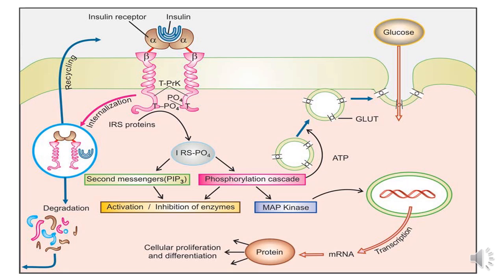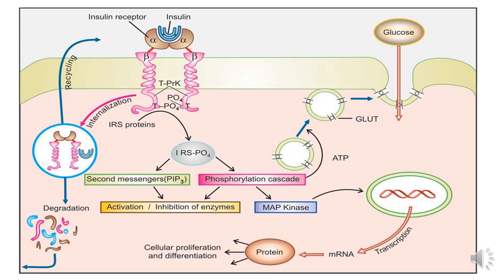Binding of insulin molecules to the insulin receptor gives rise to aggregation and internalization of the receptor. This causes activation of the tyrosine kinase, and activation of tyrosine kinase is responsible for phosphorylation of the tyrosine residues.